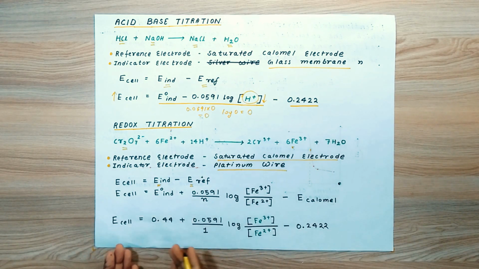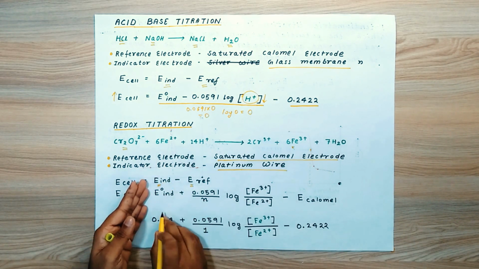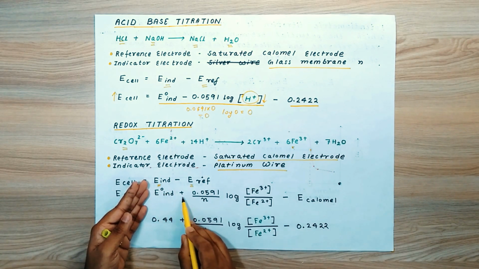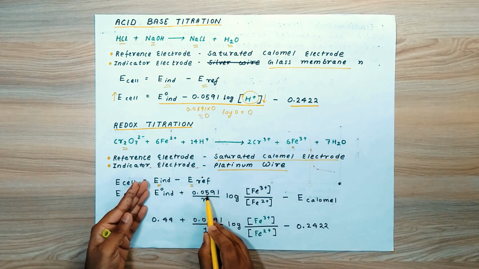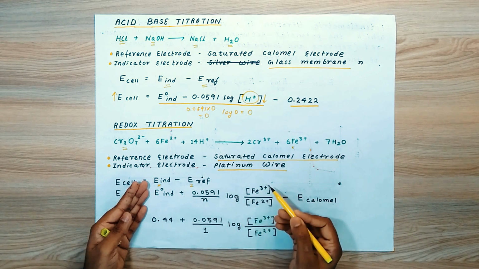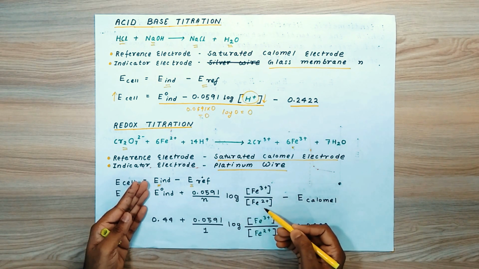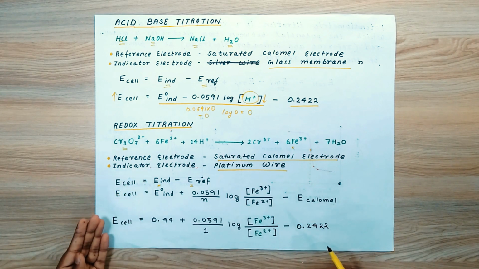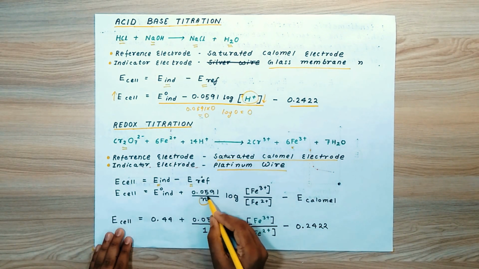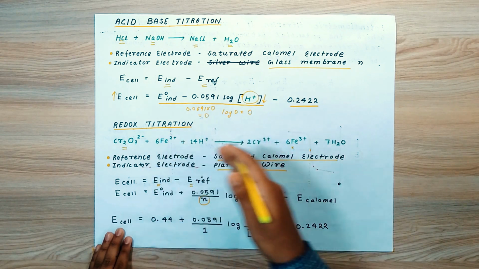Again, we know that the indicator electrode potential is equal to the standard indicator electrode potential plus 0.0591 divided by n multiplied by log of Fe3 plus ion concentration over Fe2 plus ion concentration, where n denotes the number of electrons transferred during this oxidation reduction reaction.